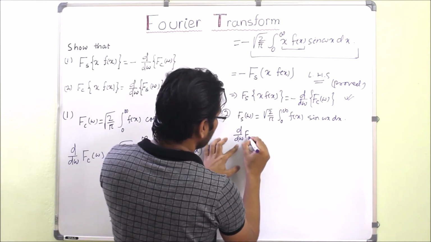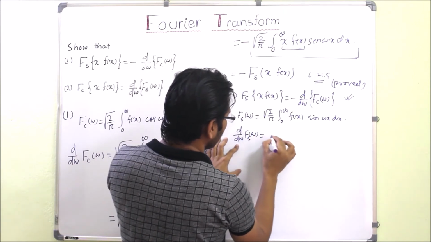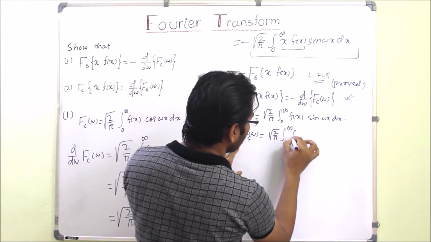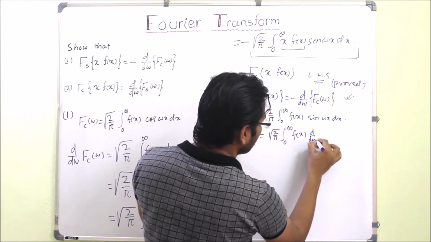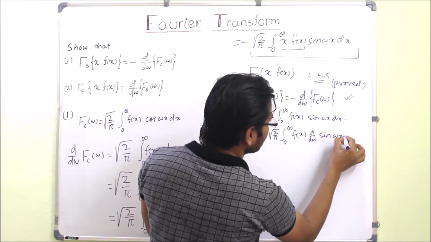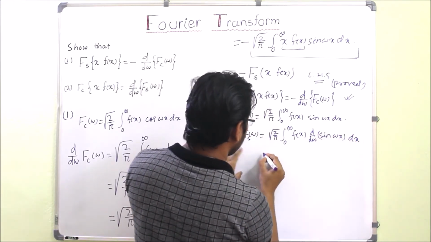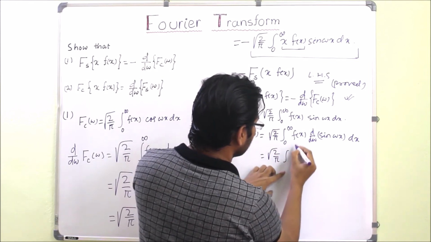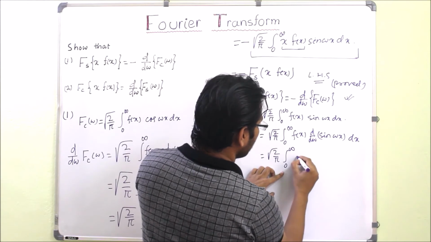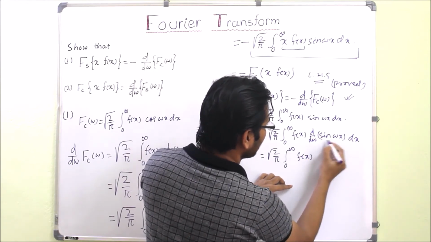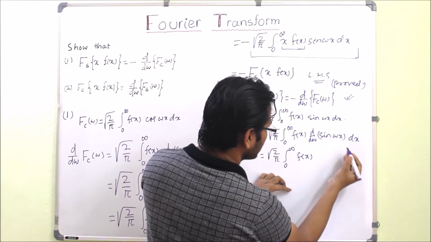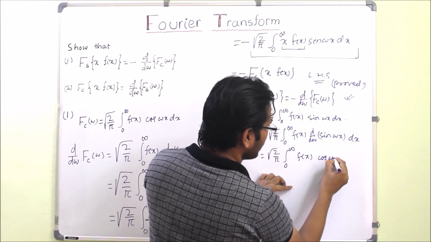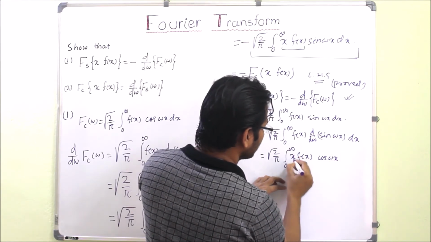So d by dw of Fs of w will be square root of 2 by pi, integration 0 to infinity, f of x d by dw of sin wx dx. Now what will happen then? Square root of 2 by pi into 0 to infinity, f of x, and the derivative of sin wx with respect to w will be x cos wx. So we write cos wx here, and x will be on the left side.